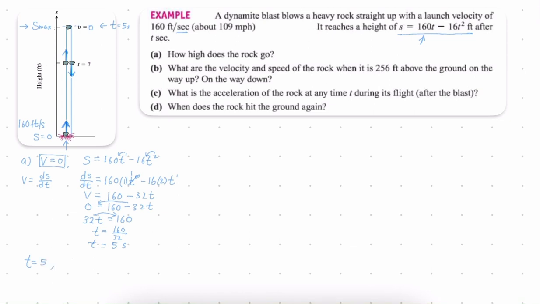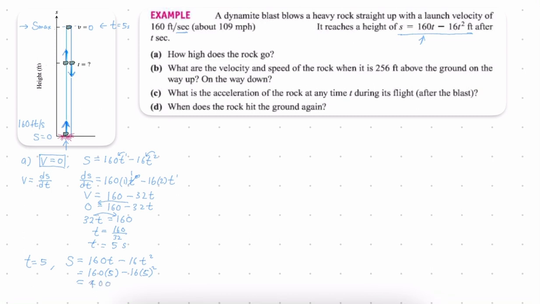We just need to substitute t with 5 in the s equation. So 160t with t as 5, and then minus 16 times 5 squared. You can use your calculator.